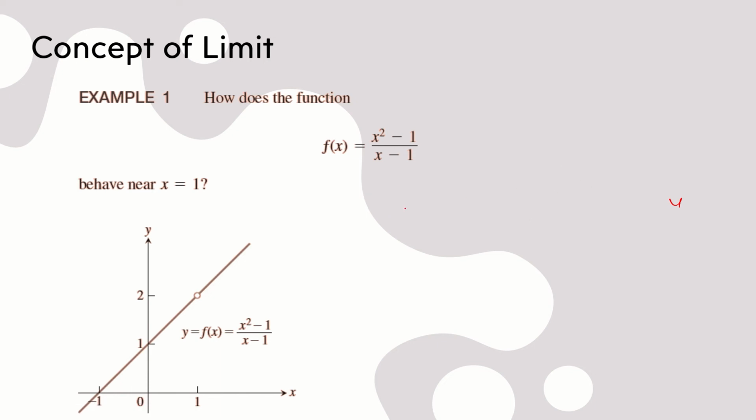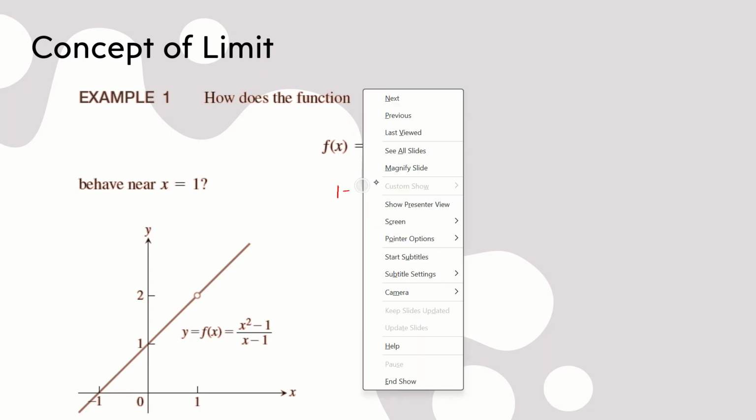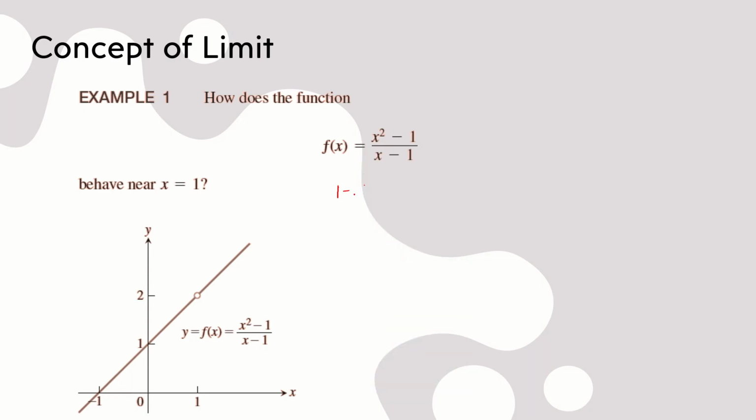Okay, so now we basically want to check what would be the behavior of this function as x approaches 1, which basically means what is the behavior of this function in the neighborhood of this number 1, which we take as 1 minus alpha and 1 plus alpha, where alpha is a very small positive number.